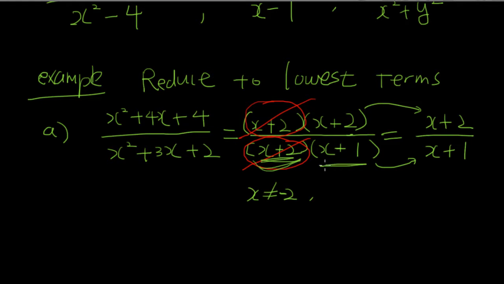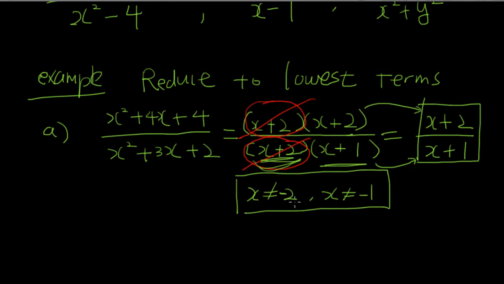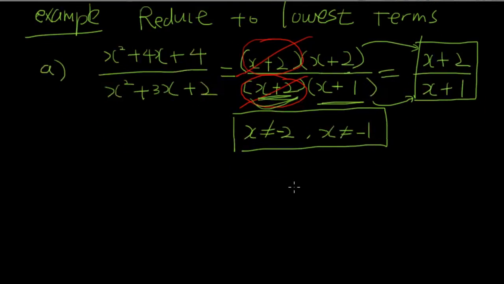Same thing here: we do not want x equal to negative 1, because negative 1 plus 1 becomes 0, and that makes the denominator equal to 0. So our answer is this, but we should definitely mention this as well.